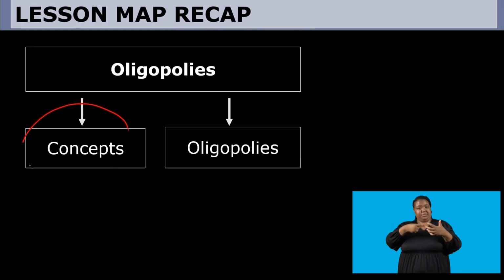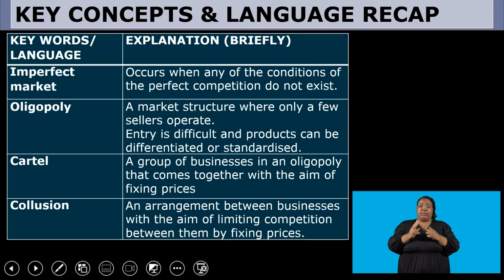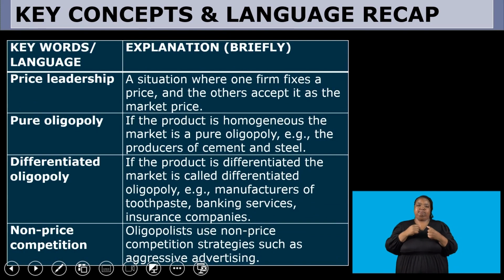So we did the concepts. We also looked at the analysis of the market structure itself. We also looked at the key concepts, emphasizing that we should familiarize ourselves with these concepts. They help us in our section A, section B, and even in our essays.